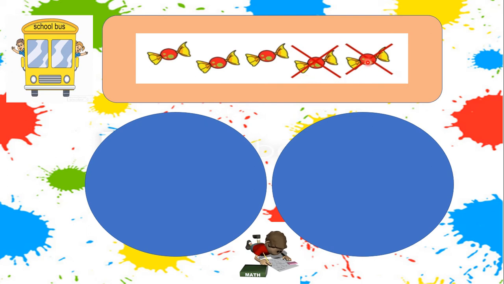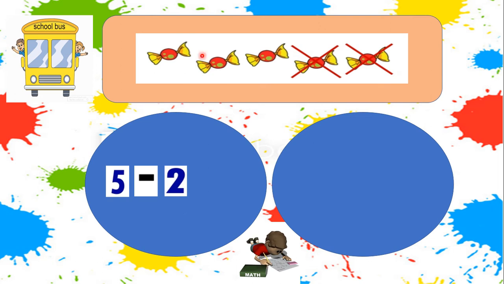So we can see X's here. We have 1 and then another X. All in all here, we take away 2 candies. Or we can also say 5, it means that there are 5 candies, minus, it means we take away 2.